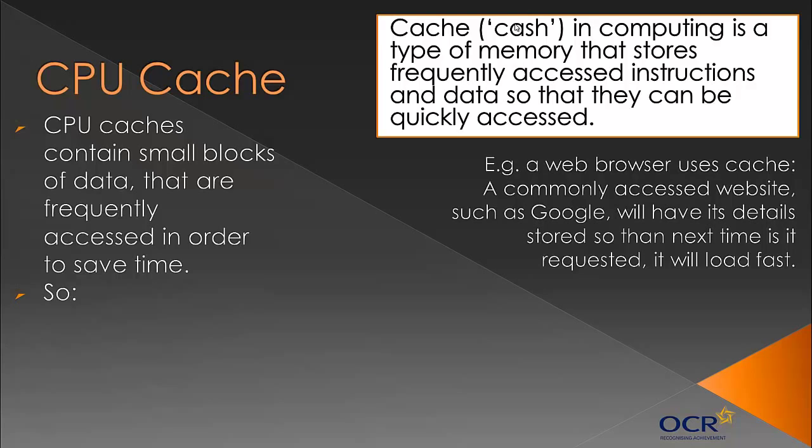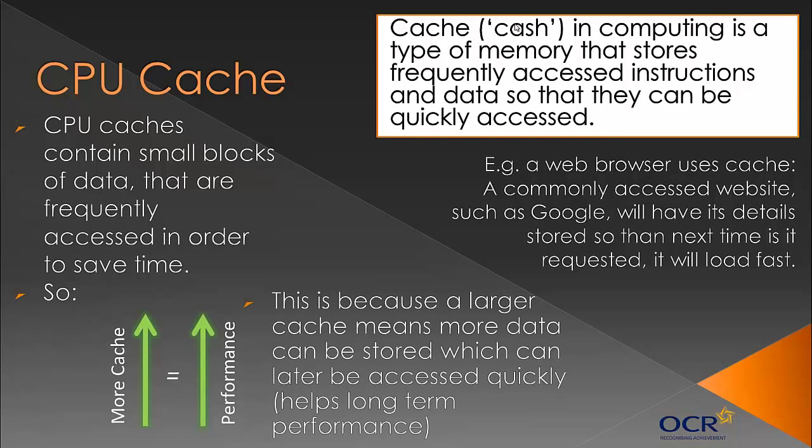So, like I say, a processor has a cache, and these contain small blocks of data that are frequently accessed in order to save time. More cache basically means a greater performance, and this is because a larger cache means more data can be stored, which can later be accessed quickly, which helps for long-term performance.